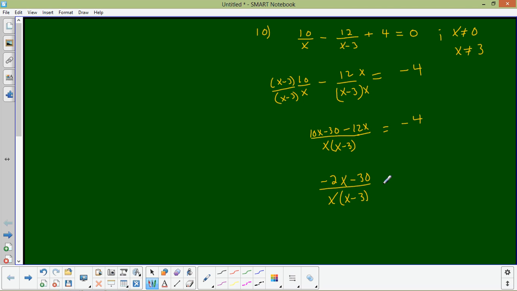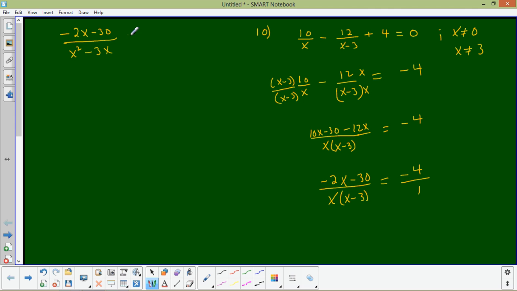Could factor out a 2, but it really isn't going to pay any dividends, because if you factor out a 2, you're going to have a negative 2 times x plus 15. There won't be any canceling there. Okay, so up here, going to rewrite this thing as minus 2x minus 30 over x squared minus 3x.